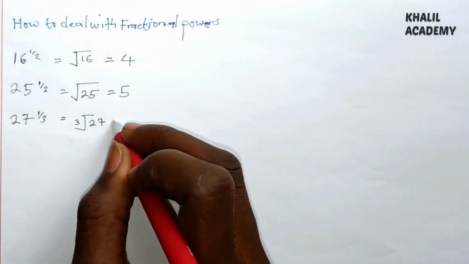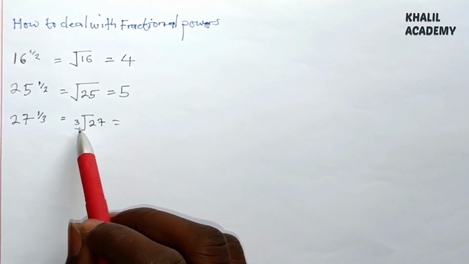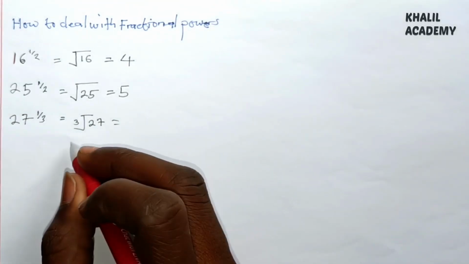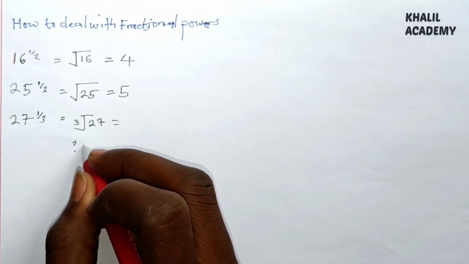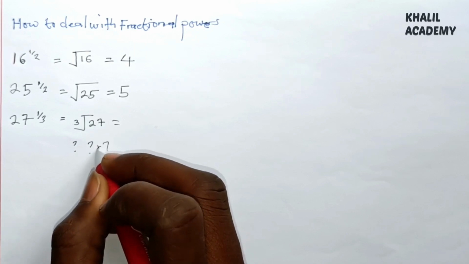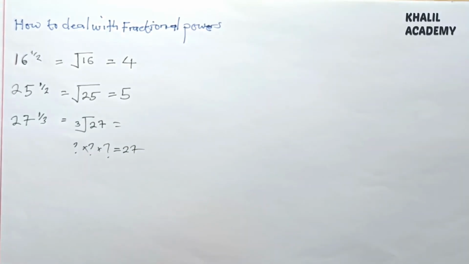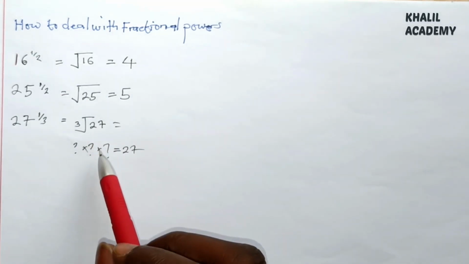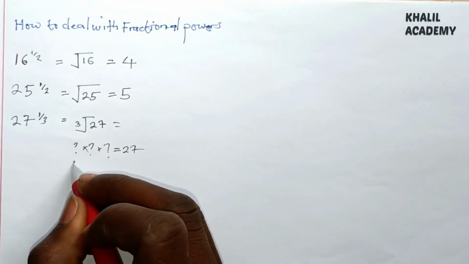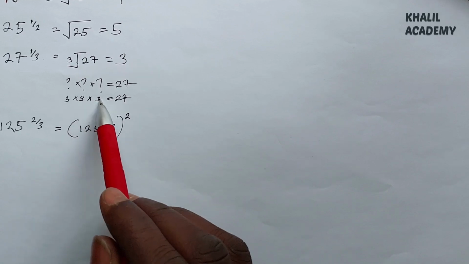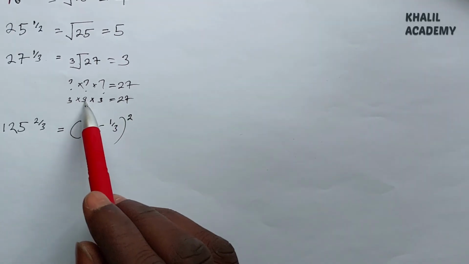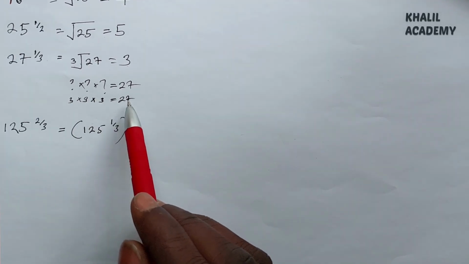So we are going to look for a number which, when we multiply 3 of it together, will give us 27. In this case, it's going to be 3. So 3 times 3 times 3 is equal to 27. 3 times 3, 9. 9 times 3, 27.